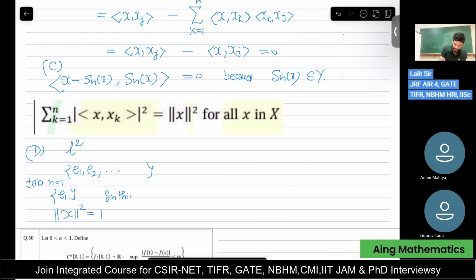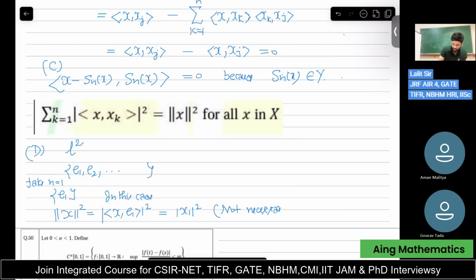In this case, this quantity comes out to be... no sir, it will depend, not 1, but this will be the modulus square of the inner product of x with e1, that comes out to be x1, so this will be mod x1 square. Not necessarily true, right?